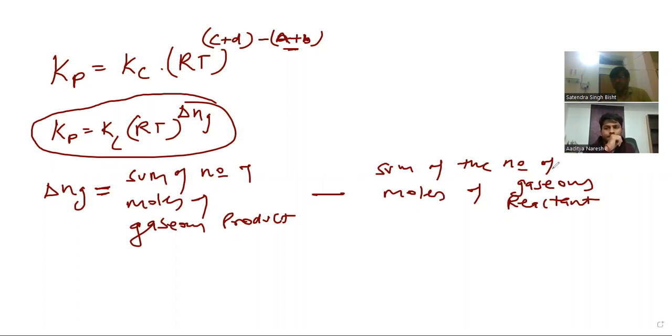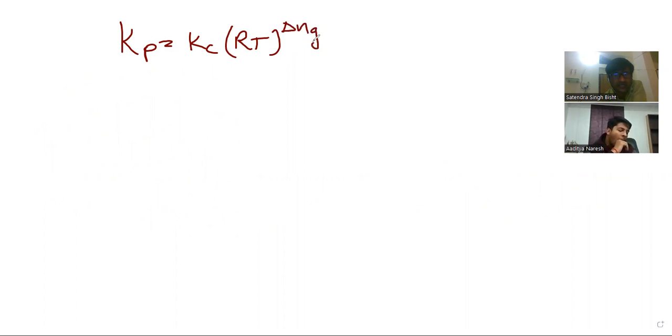Then this formula is very important: Kp equal to Kc into RT raised to the power del Ng. And R means the gas constant.